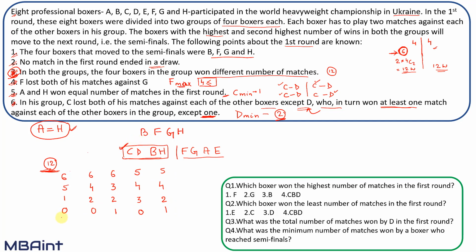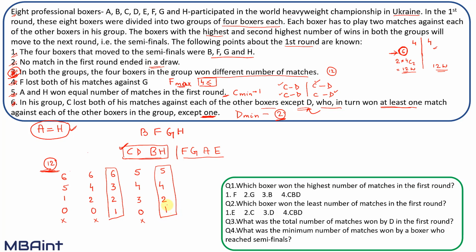Of course the combinations with 0 will not be taken, because the minimum value for C is 1 and for D is 2, so there won't be any player getting 0 wins, right? So these can be eliminated. Now we have 2 cases, either this or this, right?